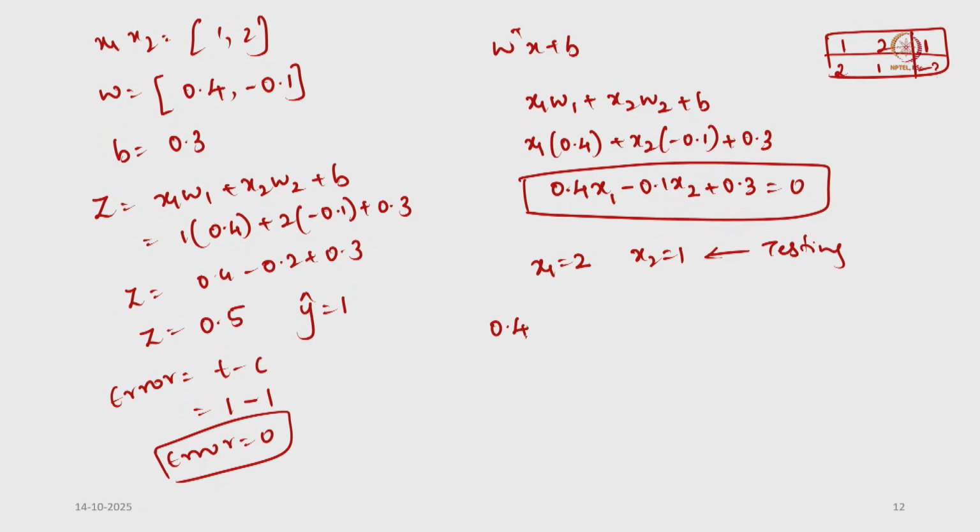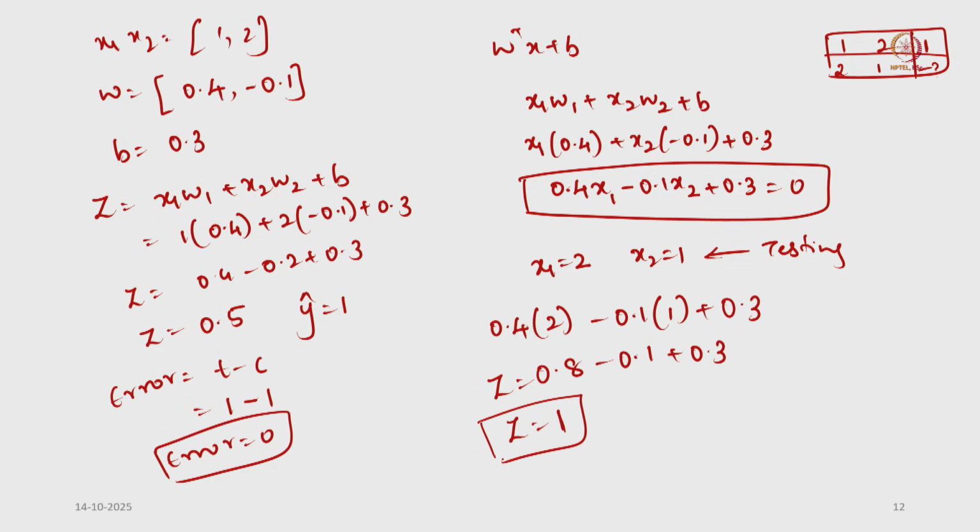During training, it has already built the decision boundary, right? So, for that you just substitute, and then see what value we are going to get. Here, the z value is 1.0.